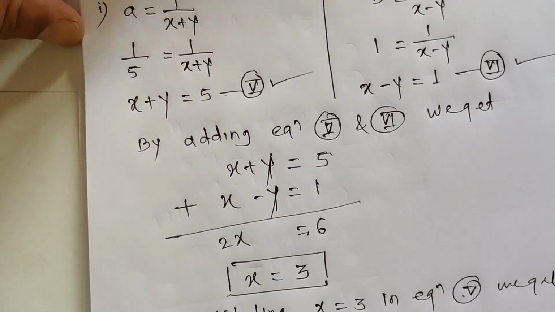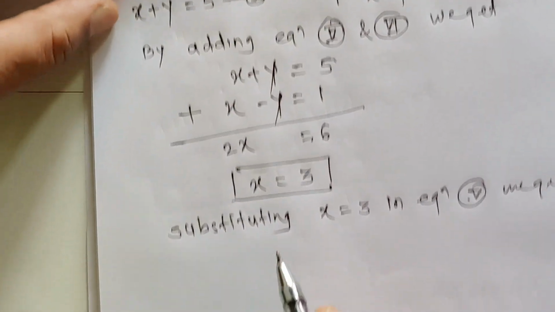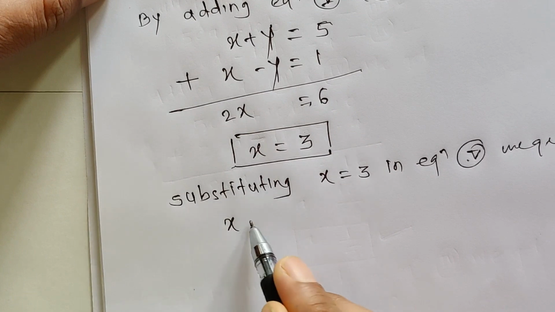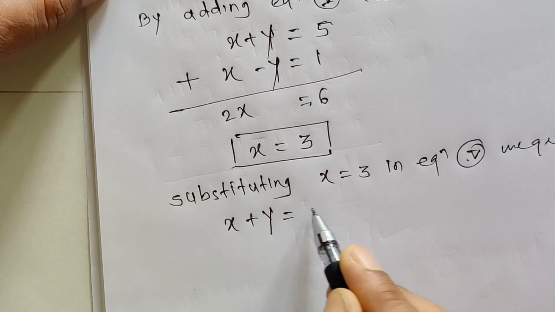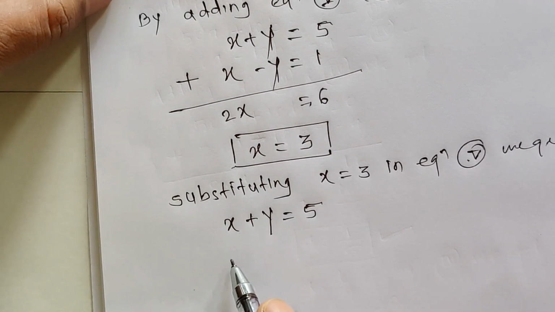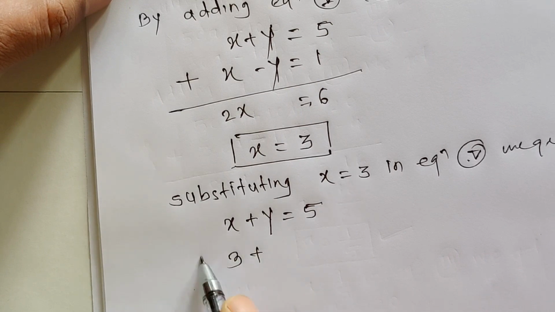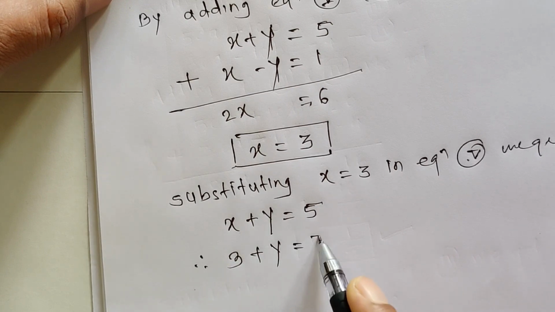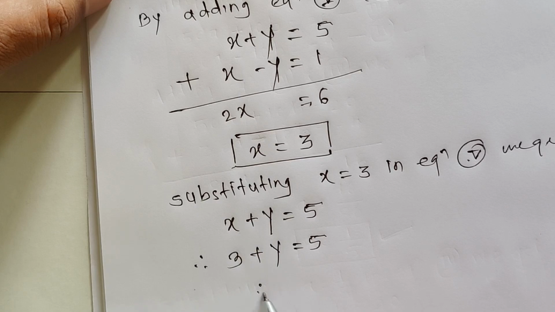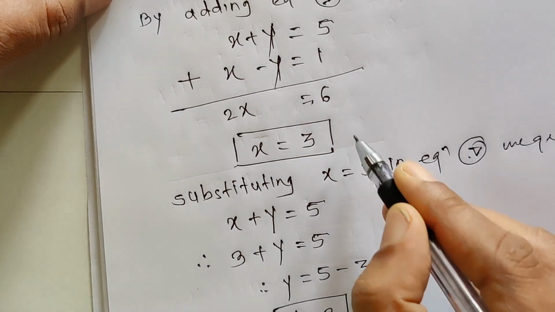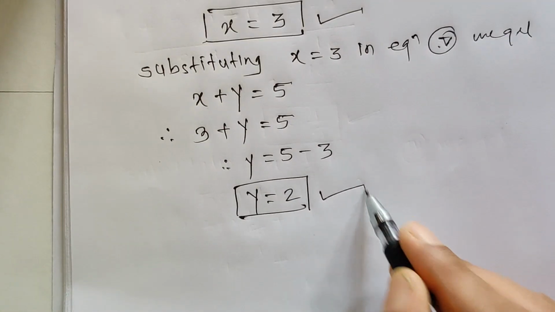Here write equation number 5, x plus y is equal to 5. So x is equal to 3, 3 plus y is equal to 5. Therefore y is equal to 5 minus 3. So we get y is equal to 2. So in this way we get the values of x and y.